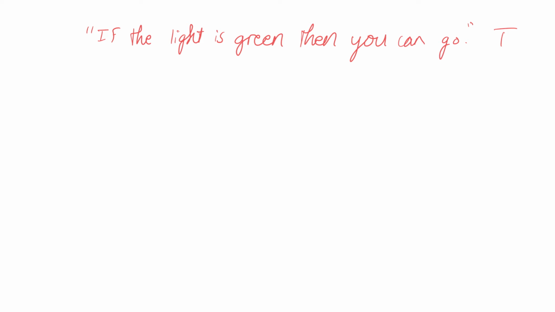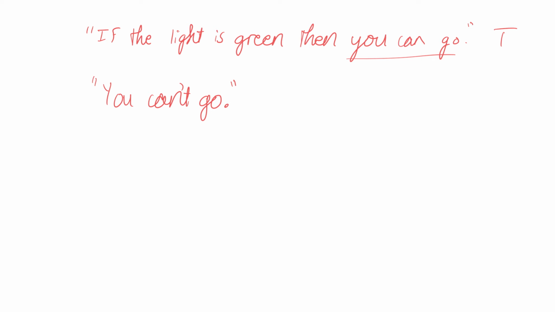And we also assume that the consequent is false, so we assume you can't go. Right? So the conditional is true, the consequent is false, you can't go. The question is, what can you infer?